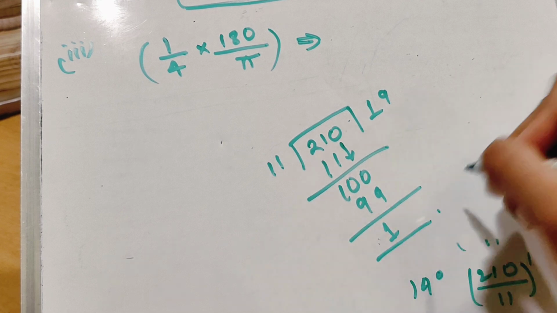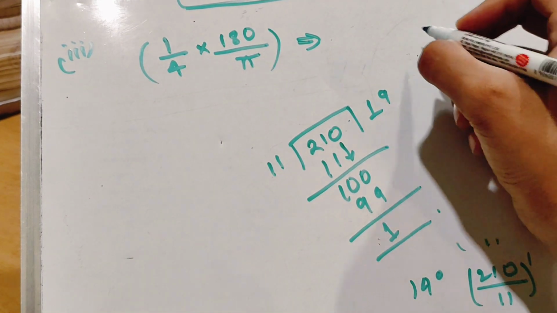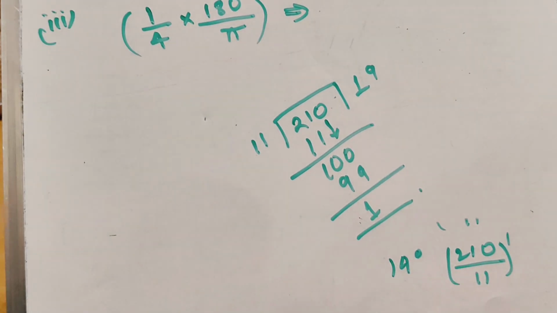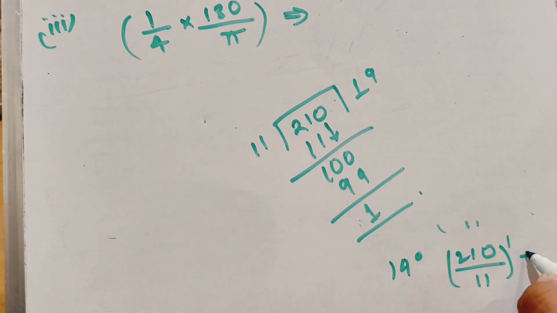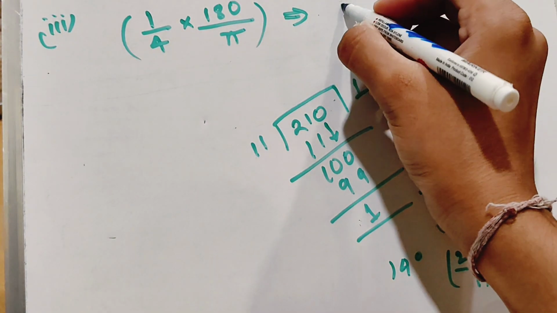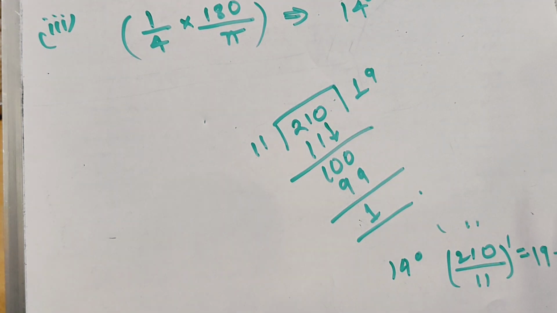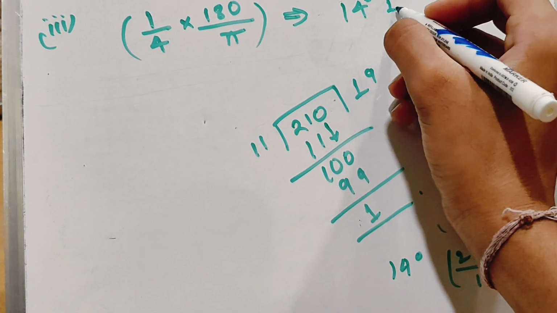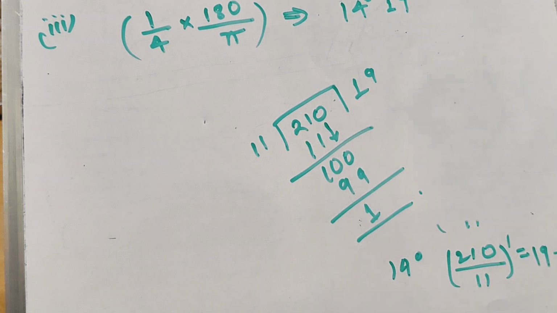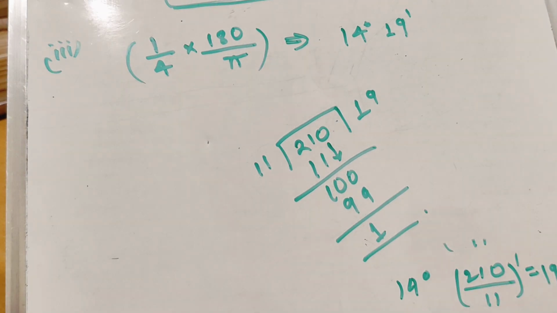We will have 1 as remainder. So I can write this as, the denominator will remain the same, 11. Multiply it with 19 and the remainder is 1. So what do we have here? We have 14 degrees and 19 minutes, right?